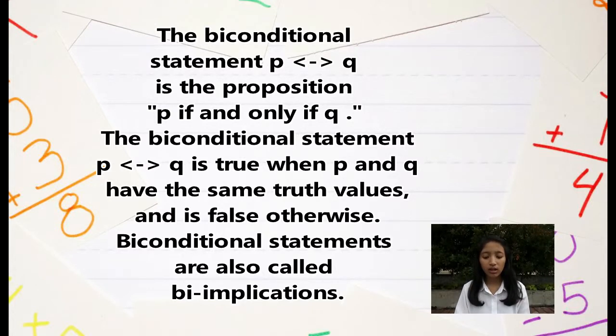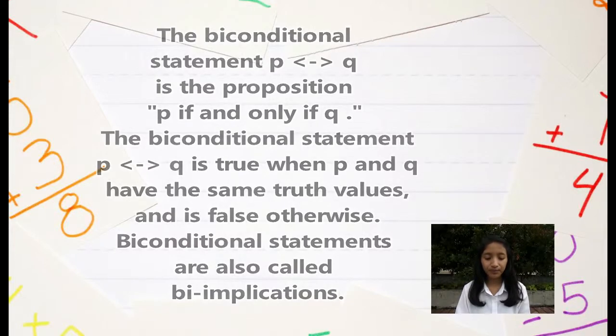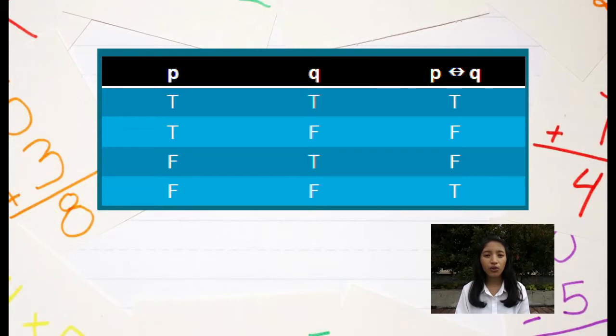Biconditional statements are also called biimplication. And the truth table of biimplication is like this.